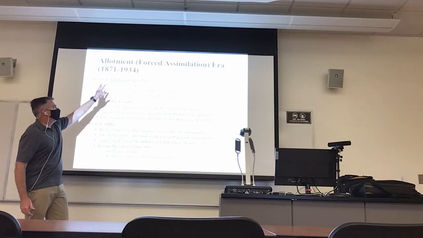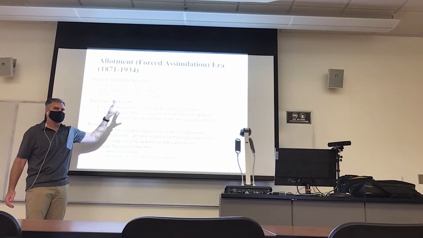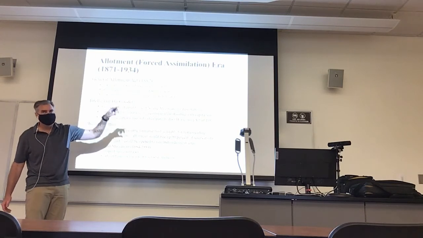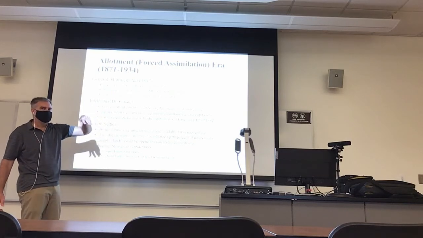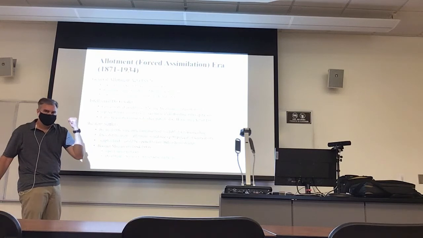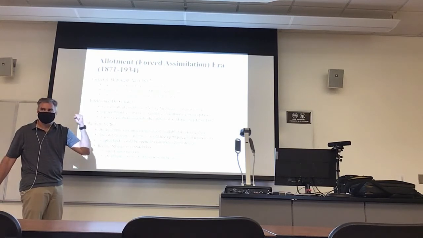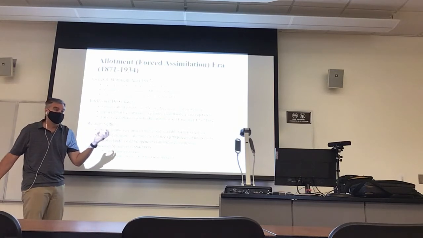After 1871, it would come to some sort of conclusion in 1934, but then you would have another period in the 50s before you have sort of a reclaiming of autonomy through a policy called self-determination.